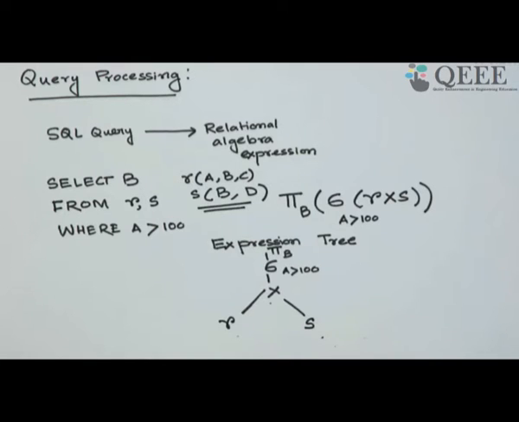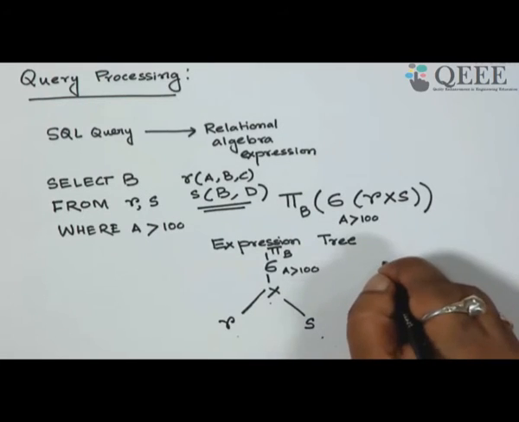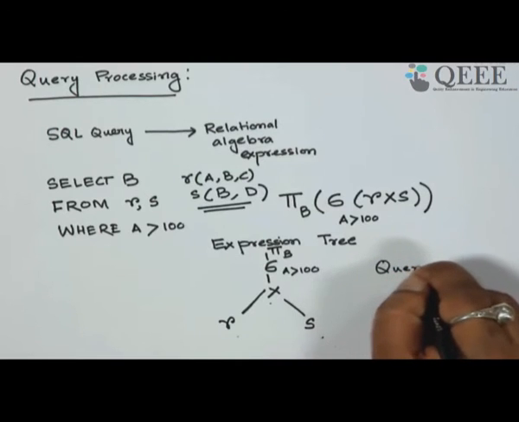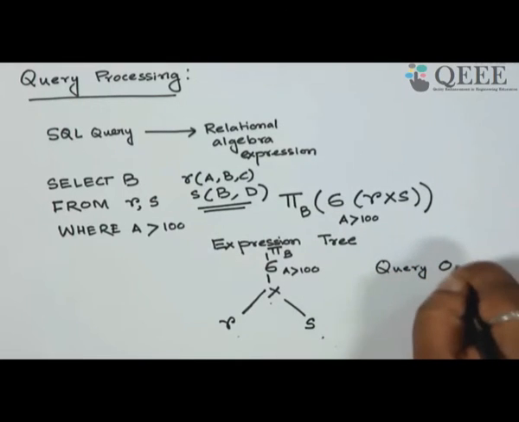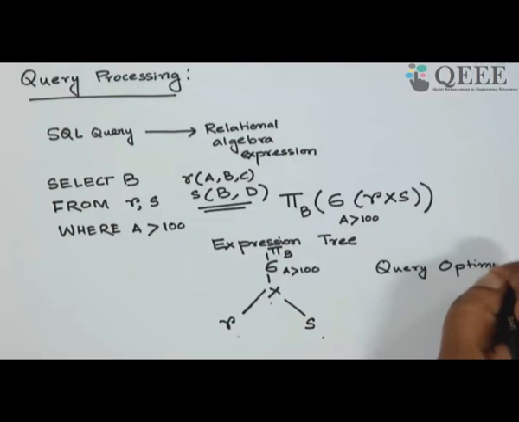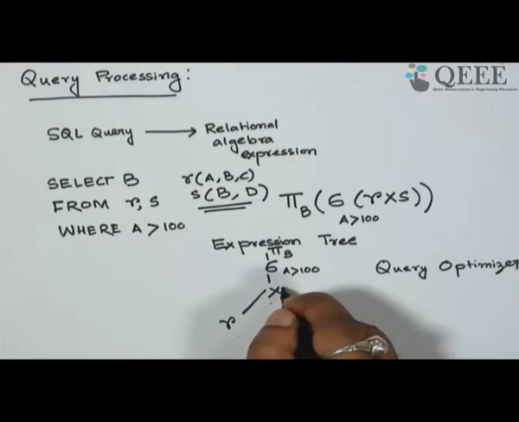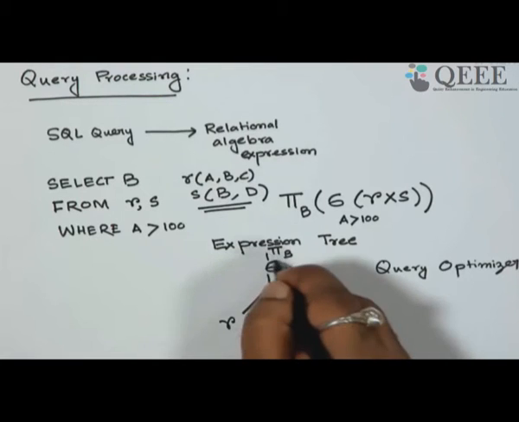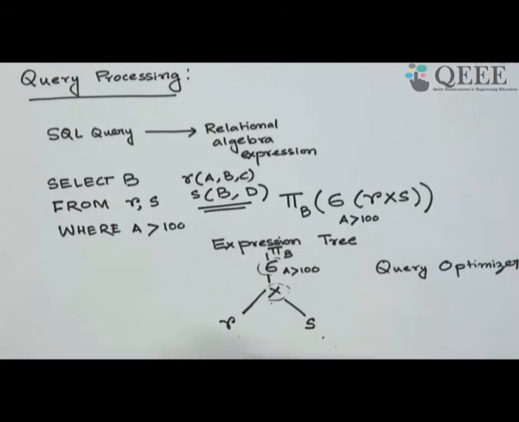So, there is something called a query optimizer. What the query optimizer does is that it considers first a means of computing these basic operations, sigma, pi. I'll soon explain to you how to compute these basic operations, and then attaches a cost.